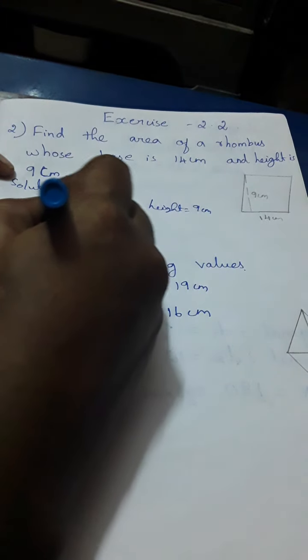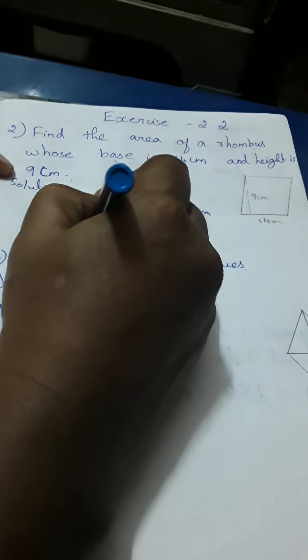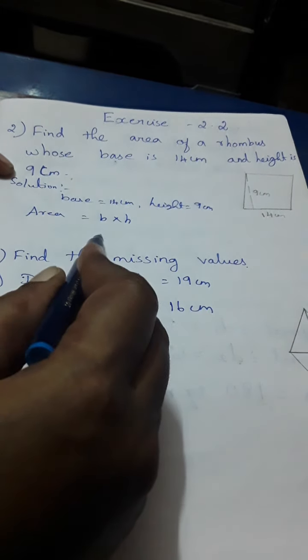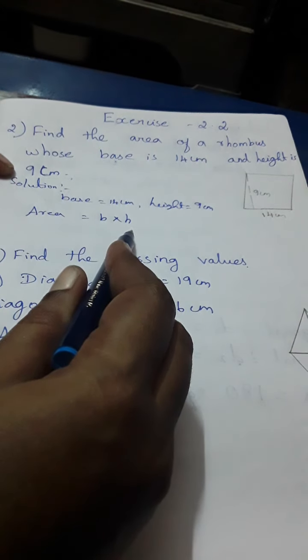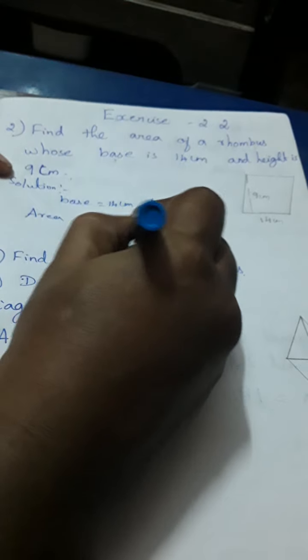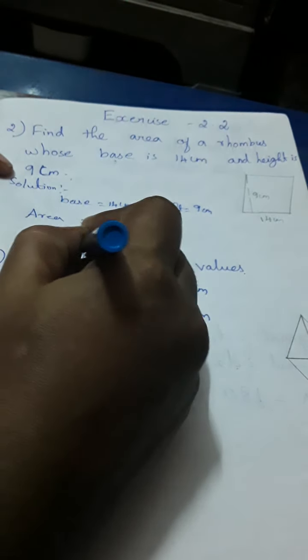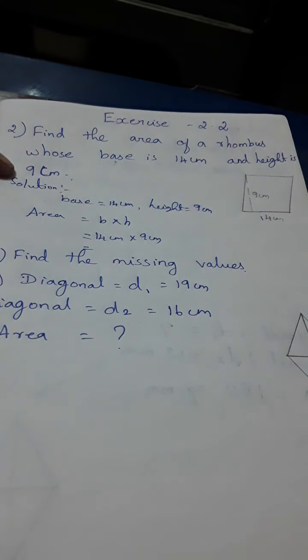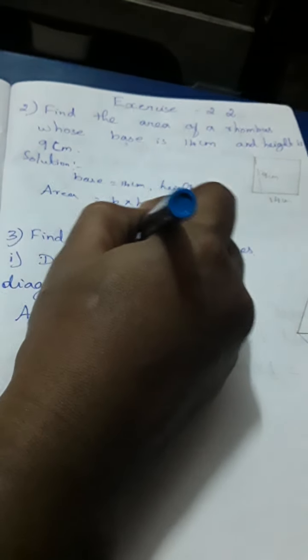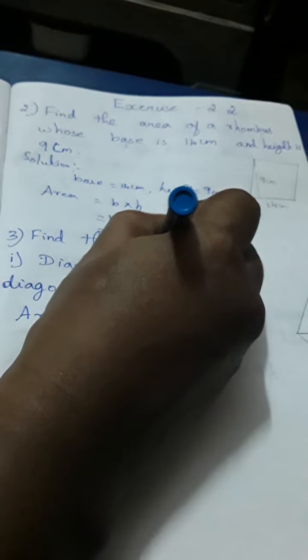You know that the area of the rhombus is equal to base into height. If base and height are given, we take the formula base into height. So base is 14 centimeters, height is 9 centimeters. 14 nines are 126 square centimeters.